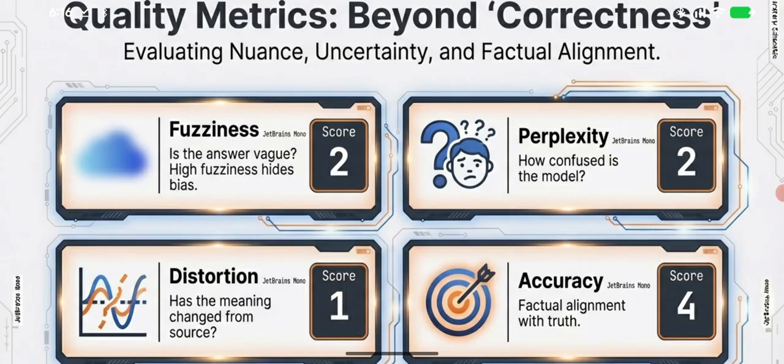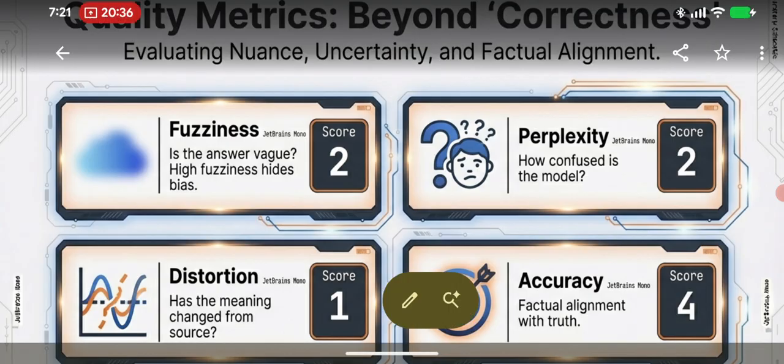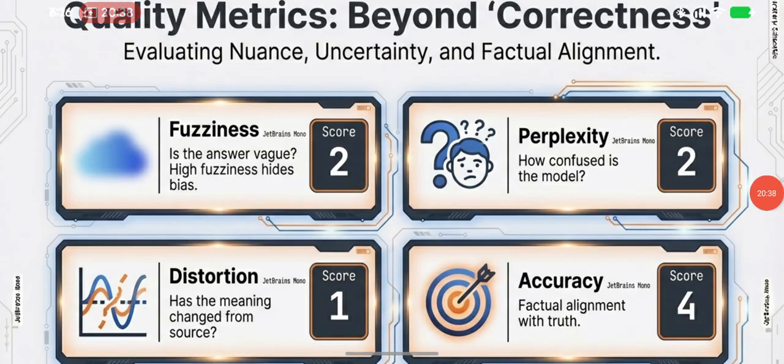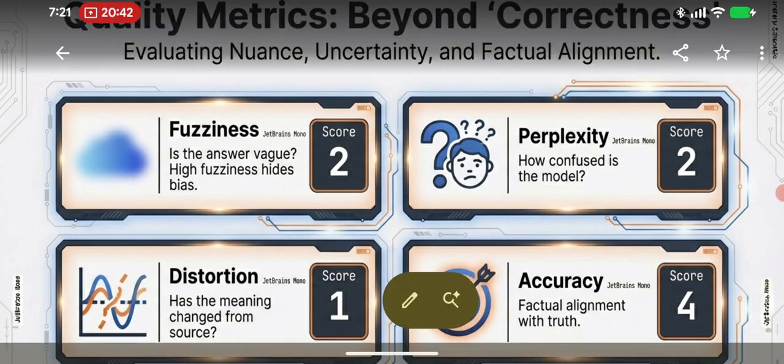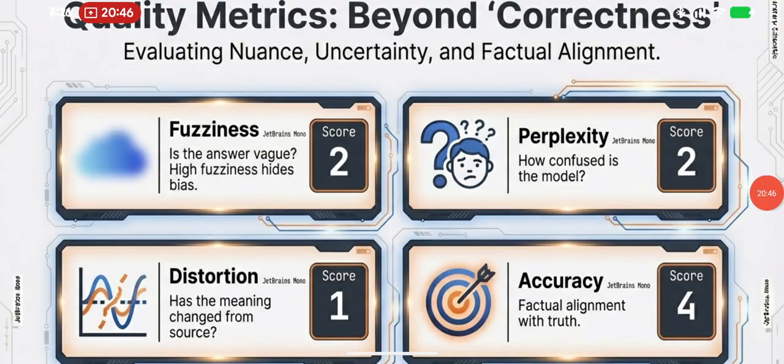So a certain sentence is mentioned in the source, though the pattern of verbs, nouns, adjectives may change, the meaning should not change. Accuracy, so factual alignment with the truth. So the response should be accurate, right?